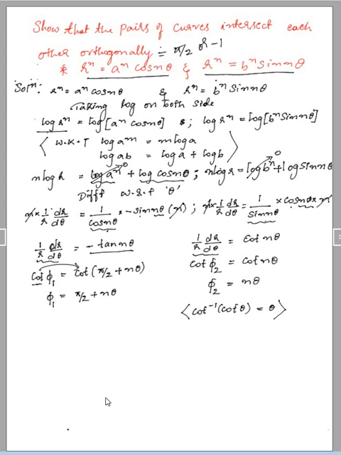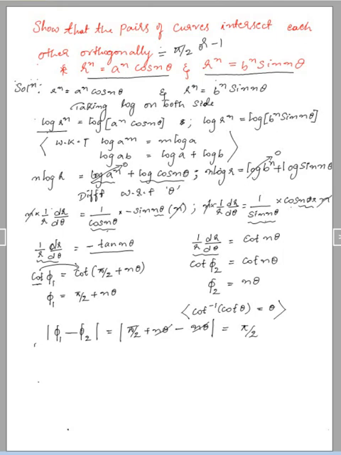So now taking the absolute value, called the modulus, of phi 1 minus phi 2, which is nothing but the modulus of phi 1, which is pi by 2 plus n theta, minus phi 2, which is n theta. So n theta gets cancelled. You are left with the modulus of pi by 2, which is a positive value, nothing but pi by 2.